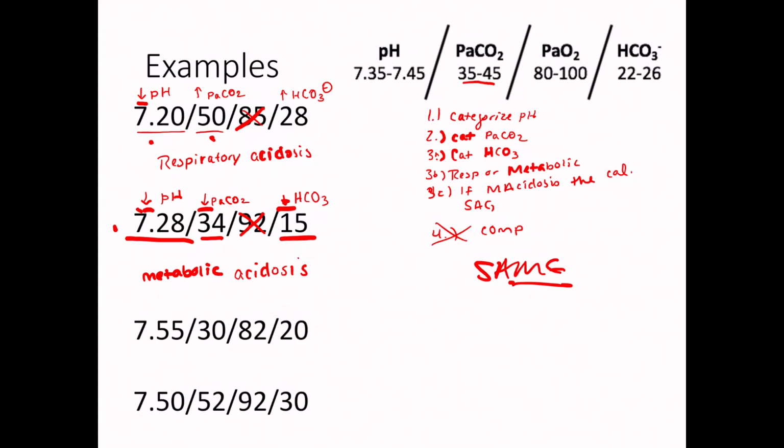Let's do this next one. pH is high. PaCO2 is low. Bicarbonate is low. See that it has a high pH, so we already know this is an alkalosis.